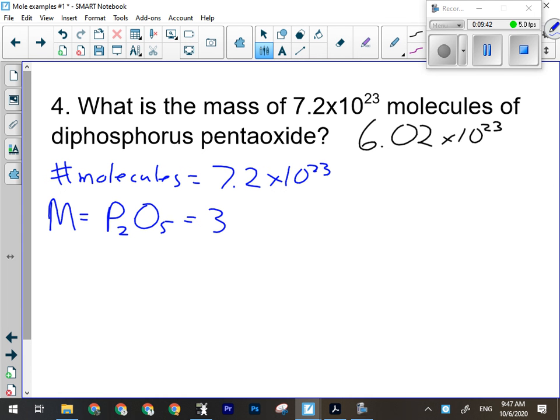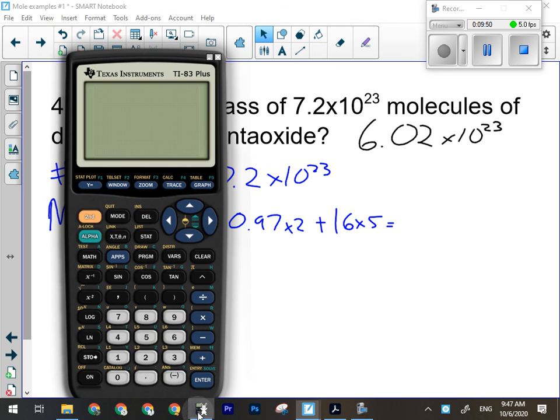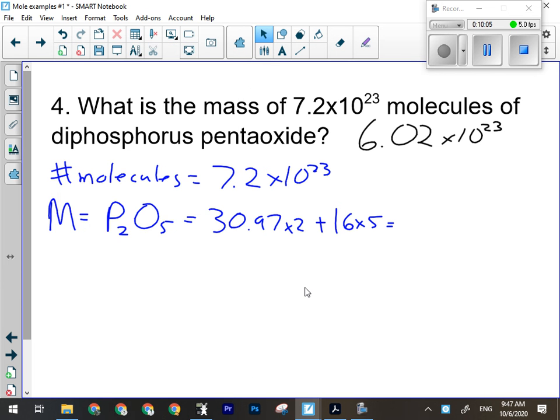So we're going to have 30.97 times 2 plus 16 times 5. That will give us our molar mass. So 30.97 times 2, plus our 16 times 5, our 5 oxygens, 141.94 grams per mole.